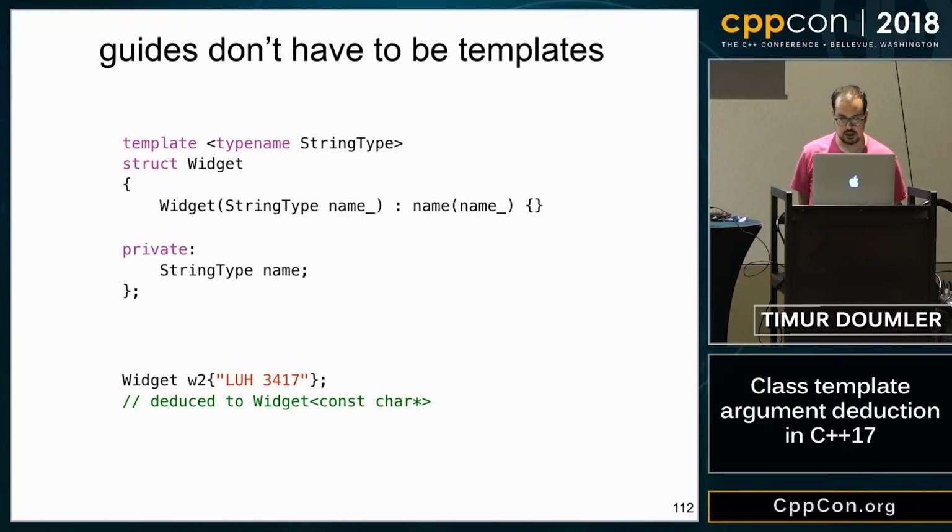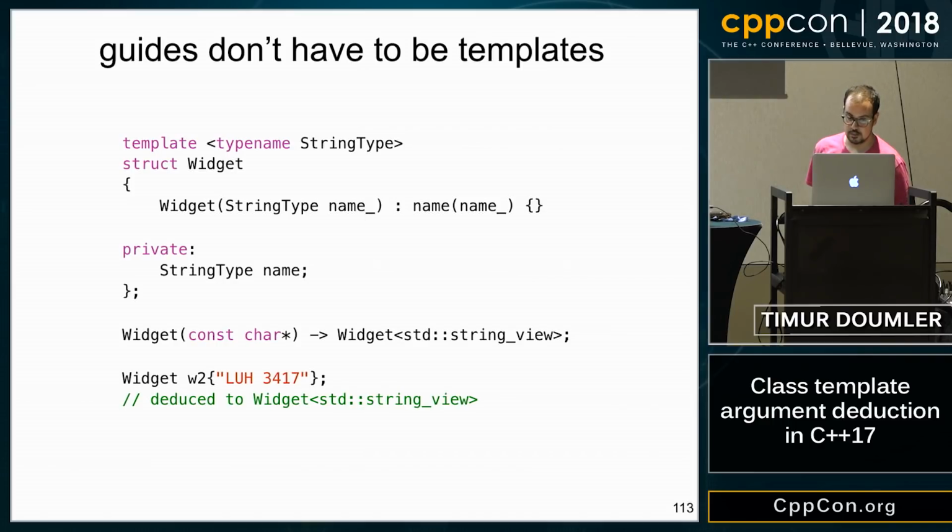And then for some reason, if you construct it with a const char, like a C string literal, you don't want this to be a widget of string literal. Normally it would be deduced like this, but you want it to be a string view, right? Because string views are cool. So what you can do is write a deduction guide that says, okay, if you find a const char, then instead deduce widget string view for me.